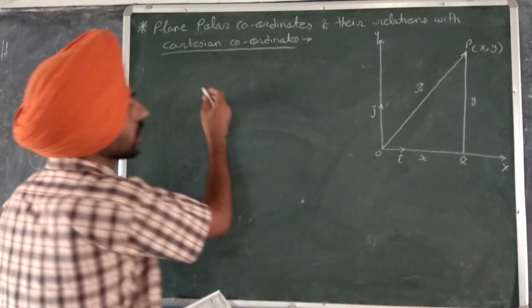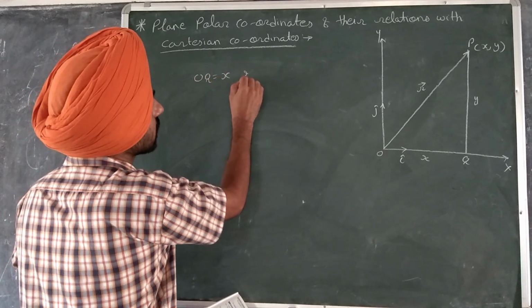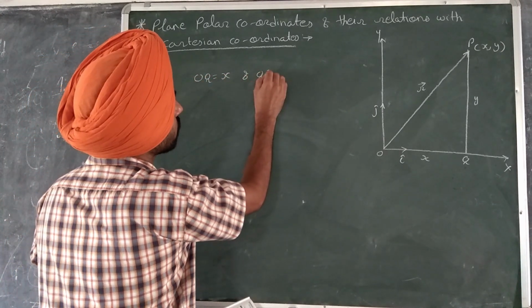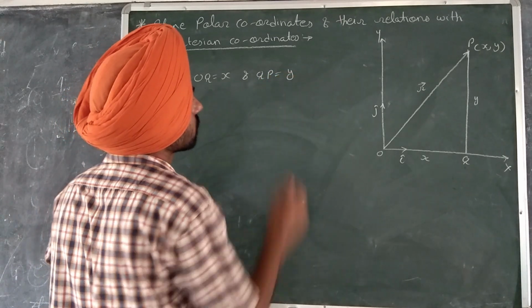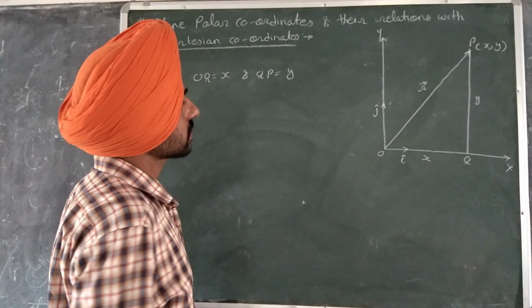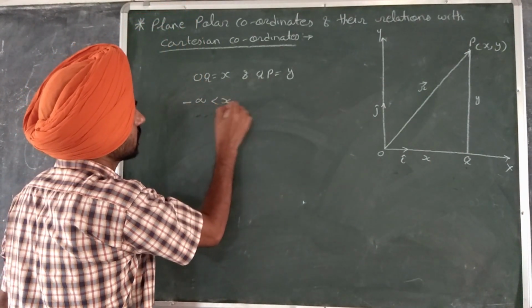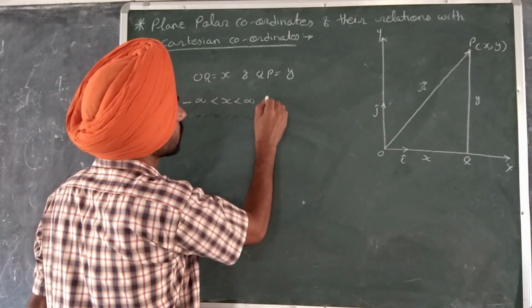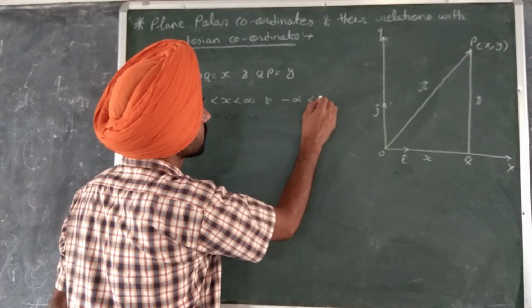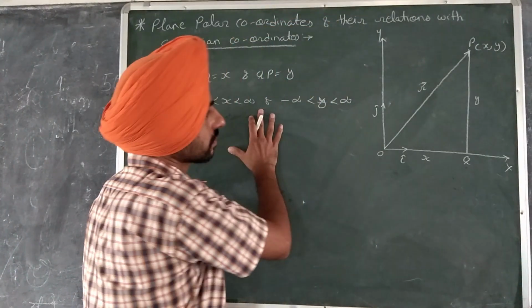From the figure we have OQ equal to x and QP equal to y. The range of the coordinates is minus infinity less than x less than infinity, and minus infinity less than y less than infinity. This is the Cartesian coordinate system.